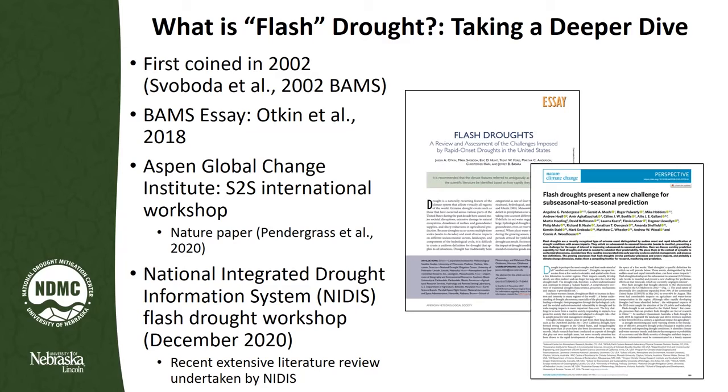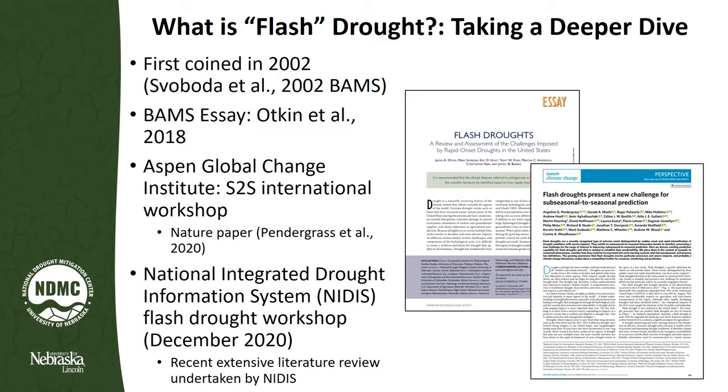A couple seminal papers between 2014 and 18 and 20 came about. I'm just showing a few here, certainly not an exhaustive list. For that, I think you'd want to look at the last bullet. Soon to be out there is going to be the results of the extensive literature review that the National Integrated Drought Information System conducted, and also the results of the workshop that was conducted just a week ago, actually.